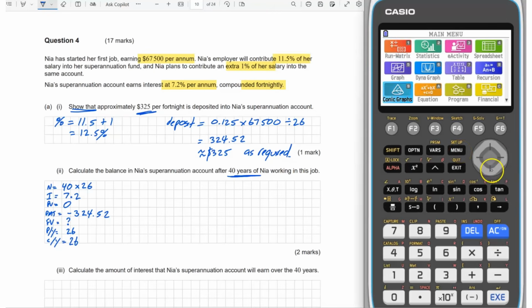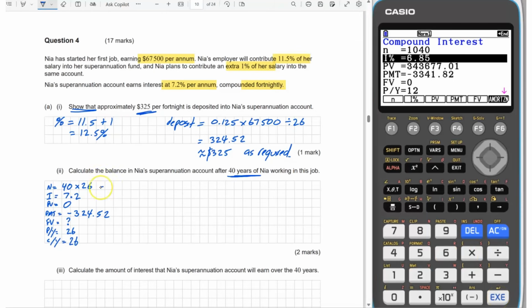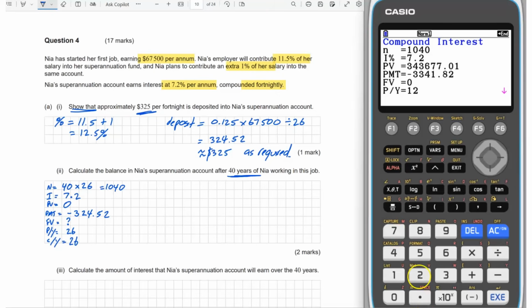So from the menu, we're going to go looking for that finance topic, compound interest. So it's going to be 40 times 26. Let's just write that down in case we need it later. 7.20. All right, so she's putting in negative $324.52.